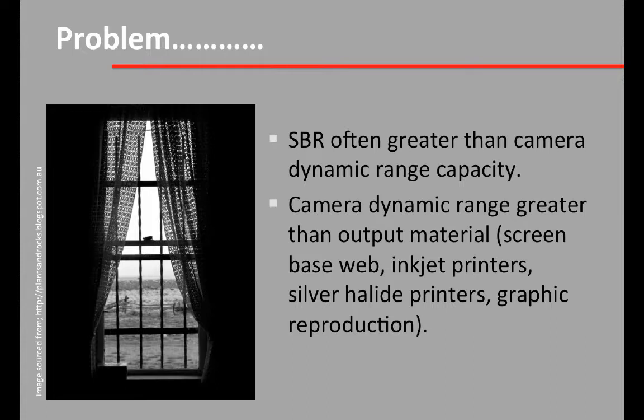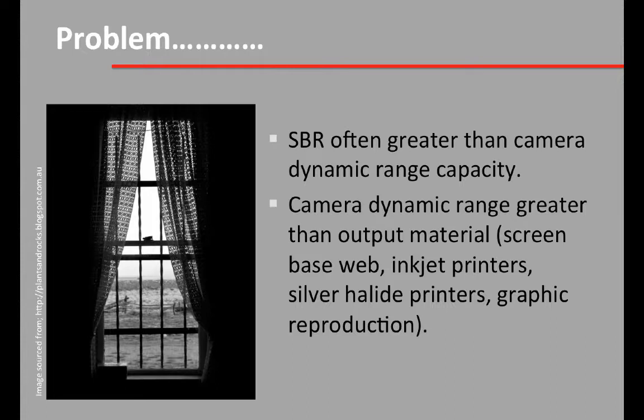This image that we see here is an interior photograph but taken through the window. So we have a very bright outdoors, a very low level of illumination indoors. The camera doesn't have the ability to record both the bright values outside and the low values inside. So you have to make a decision. Where am I going to lose detail?